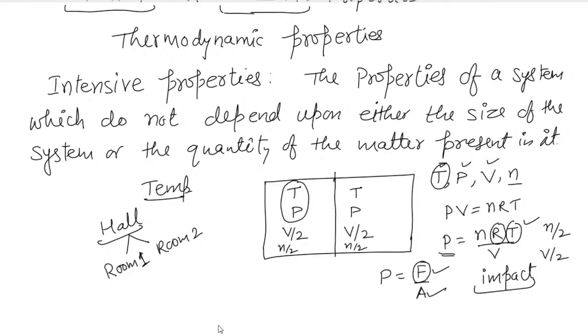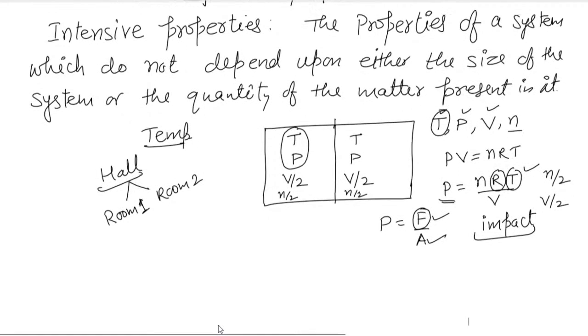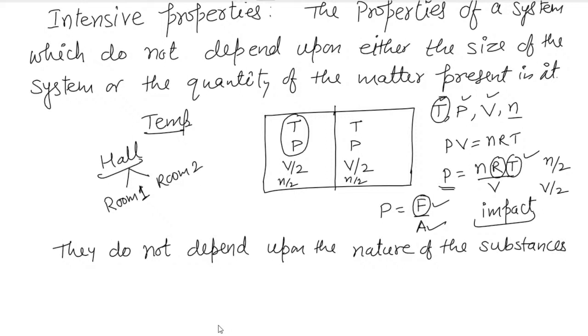Okay, great. Now, intensive properties, they do not depend upon the nature of the substances. That is the most important part. They do not depend upon the nature of the substances present in the system.